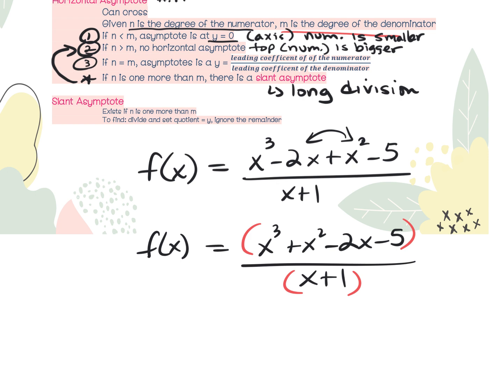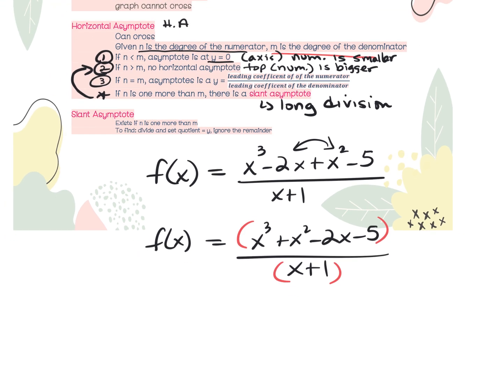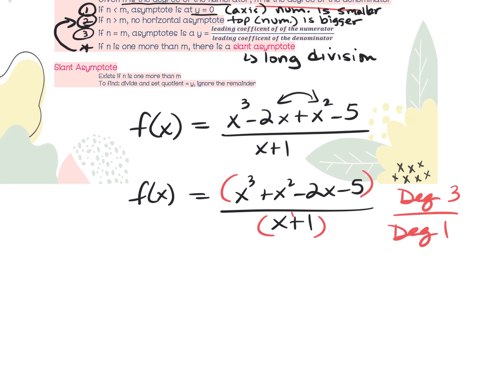Now, if we wanted to find the slant asymptote, what we would need to do is look at the degrees. Notice this numerator has a degree of 3, and this one has a degree of 1, because I can assume a 1. So the top is not 1 bigger. So this one actually, when the top is bigger, then we would just say that there's no horizontal asymptote.